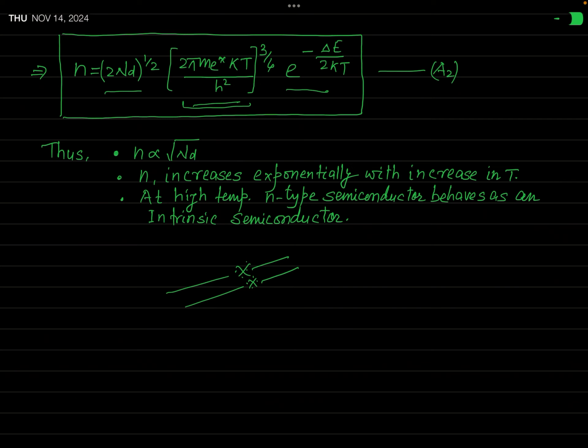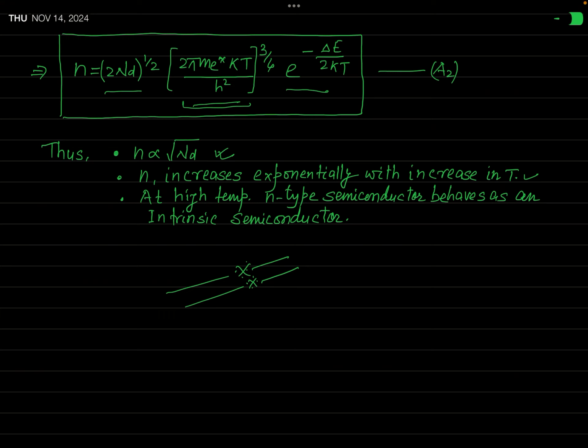Okay. So this is the expression for the concentration of free electron in conduction band in n-type semiconductor. And you can see that this concentration is directly proportional to the square root of the concentration of donor impurity. It means n is proportional to the square root of Nd. And you can also see that this n increases exponentially with increase in temperature T. As the temperature is increased, the concentration of electron in conduction band in n-type semiconductor will increase.